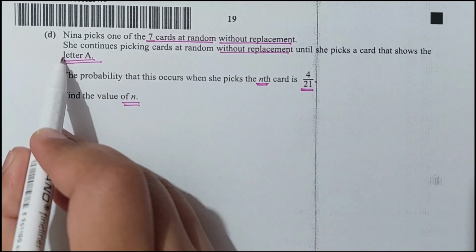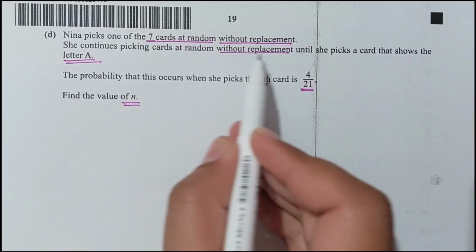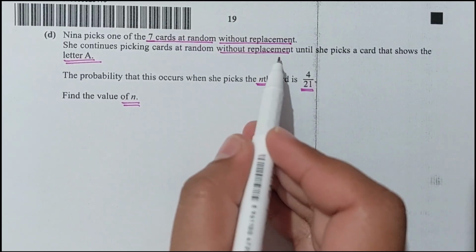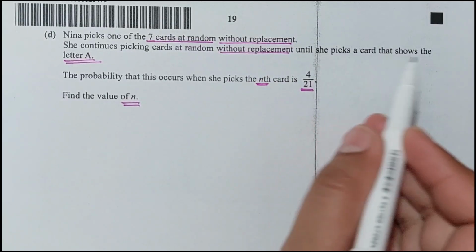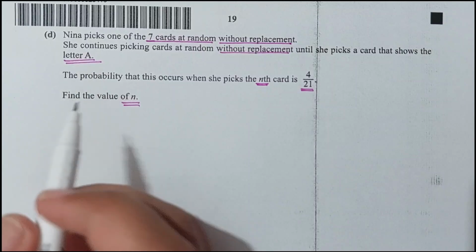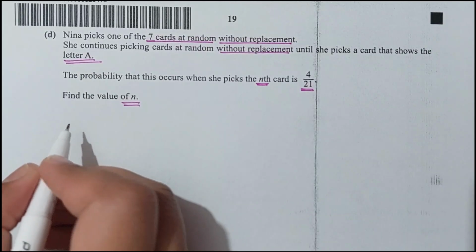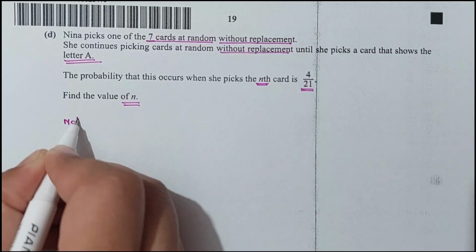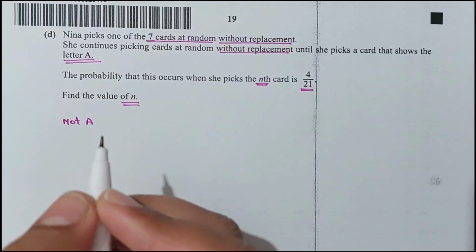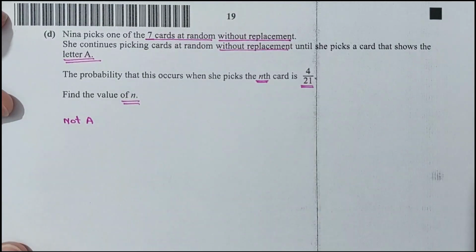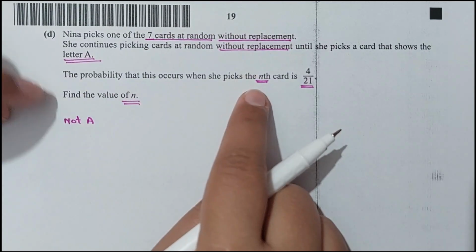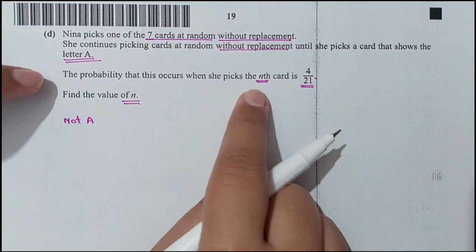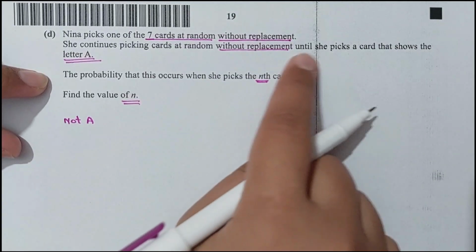Alright, so she continued picking the card at random without replacement, means without putting them back, until she picks a card that shows the letter A. Okay, let's say the first is not A. The first card is not A, and the second card is A.